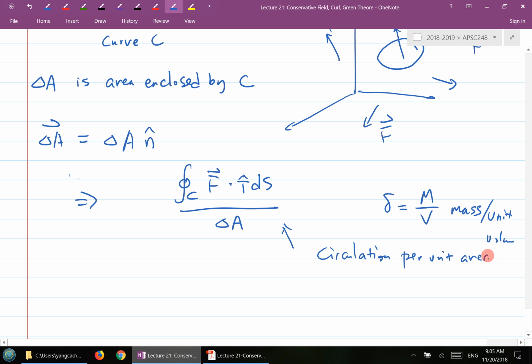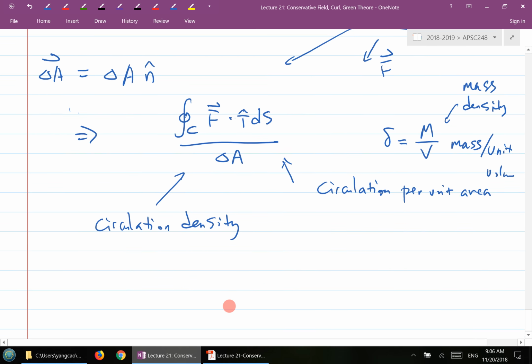So if mass per unit volume gives you density, then circulation per unit area should give me what? Circulation density. If this one gives you mass density, then this one gives me the so-called circulation density. Does that make sense?